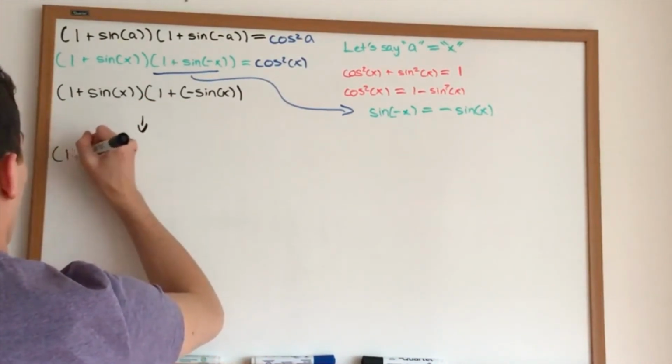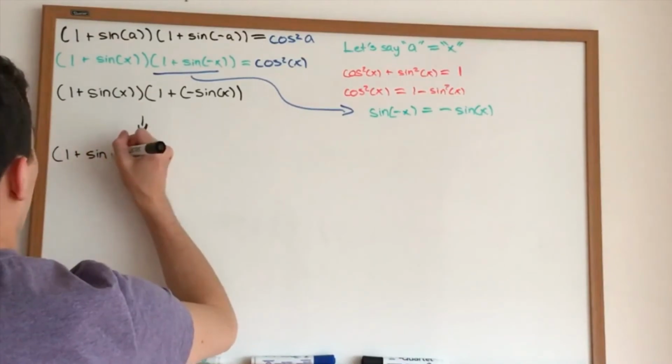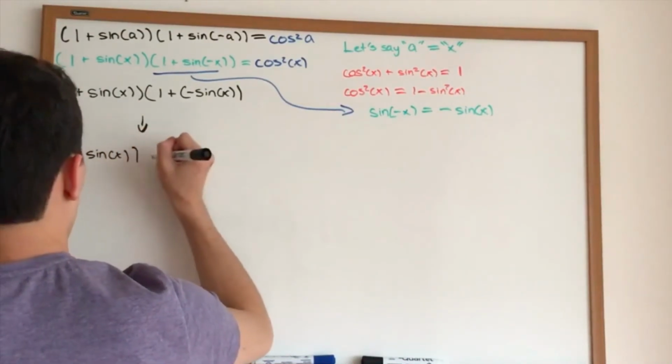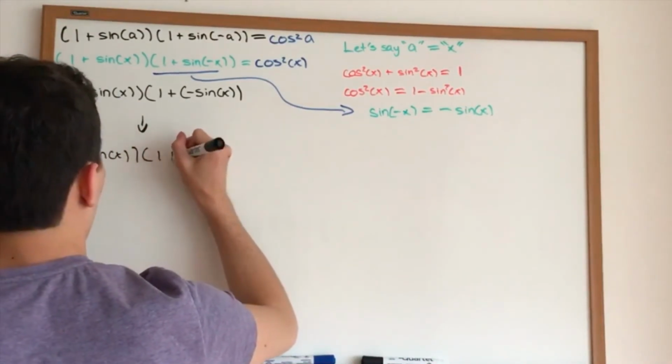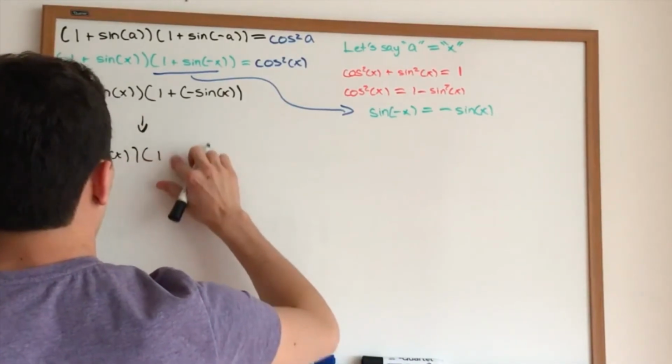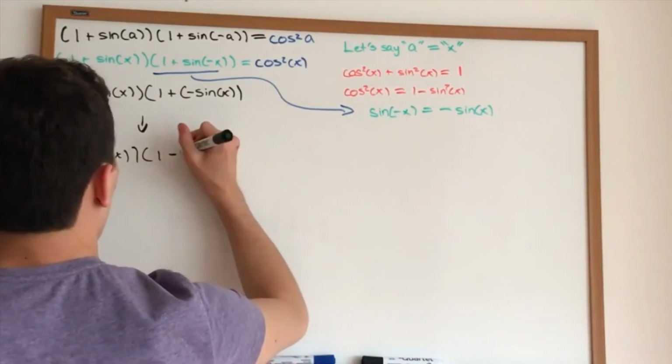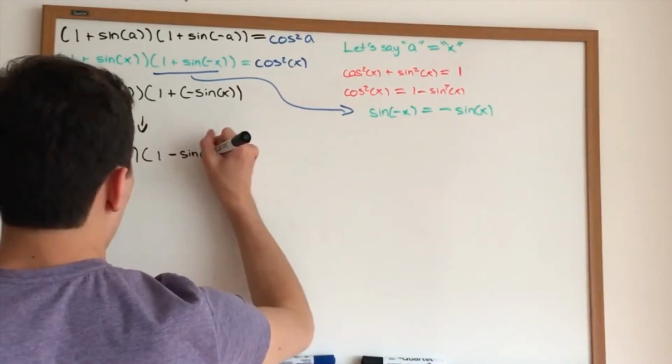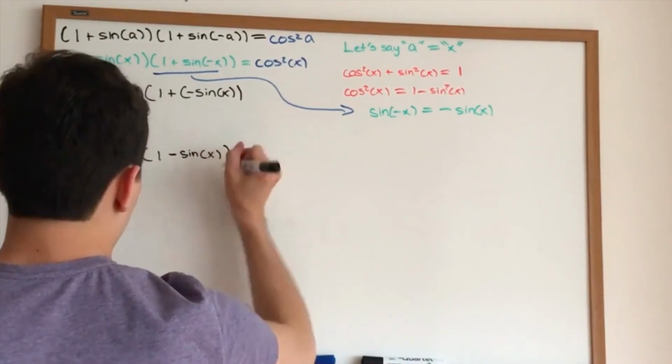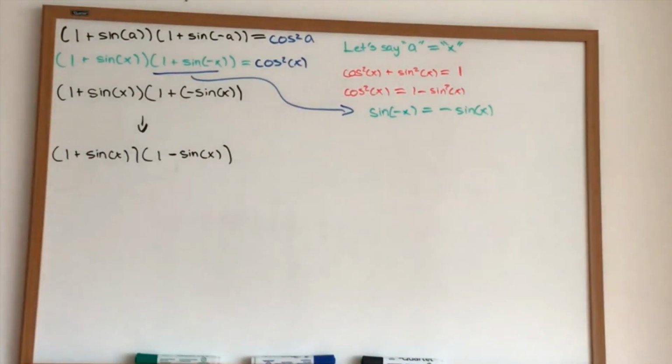Then we should multiply both parentheses, and that will leave us with the answer of 1 minus sine of x plus sine of x minus sine square of x.